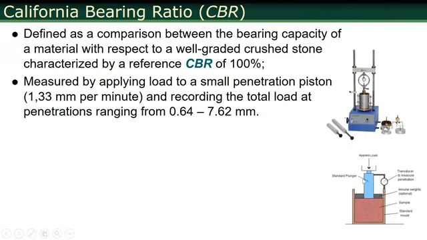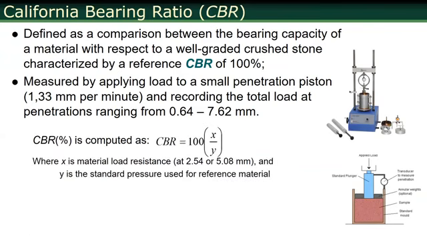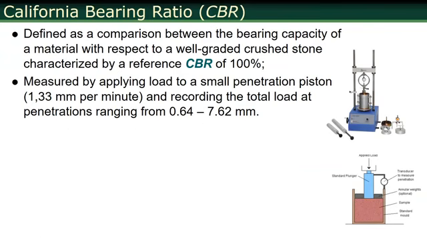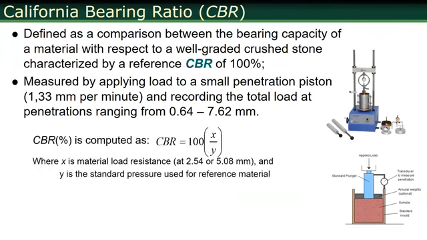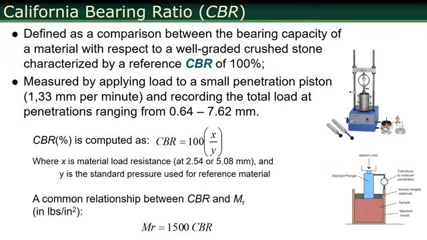There's an applied load, a standard size plunger, and a transducer that measures the amount of penetration of this plunger into the soil sample. Then we measure the bearing capacity, where CBR is equal to X divided by Y. X is the material load resistance, and Y is the standard pressure used for the reference material.